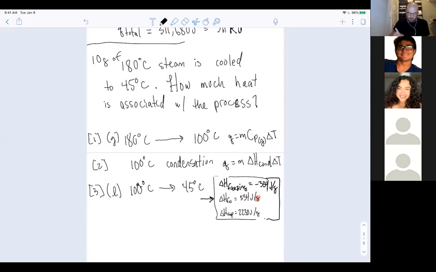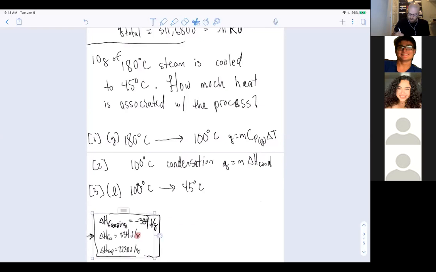Sorry, there is no delta T there because we're at the phase transition. To make sure we have them all, the last would just again be C sub P times the liquid times delta T. But the main thing here is that delta H of condensation equals the negative of delta H of vaporization.